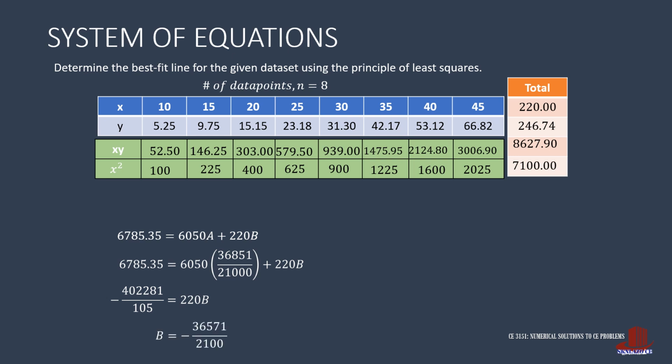So b comes to be negative 36,571 upon 2100, or that is negative 17.4148. Thus, the function for the best fit line of the dataset is y as equated to 1.7548x less 17.4148.